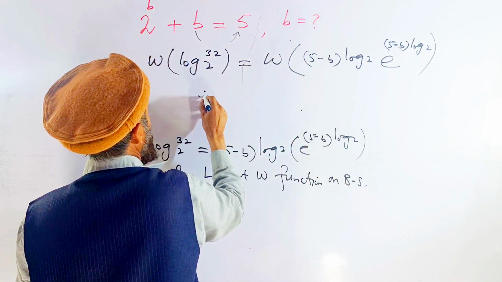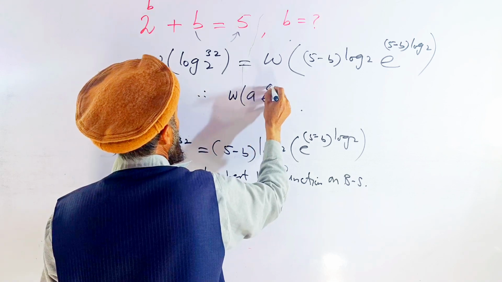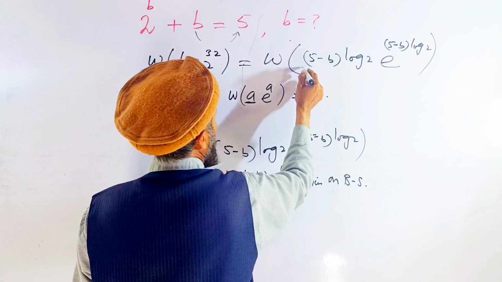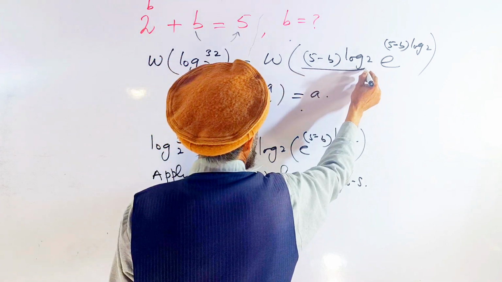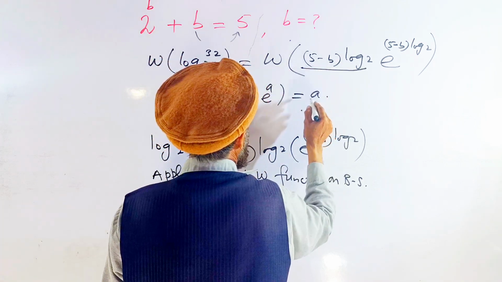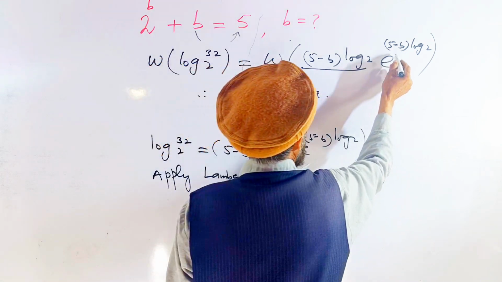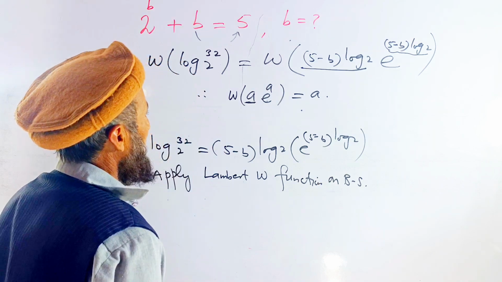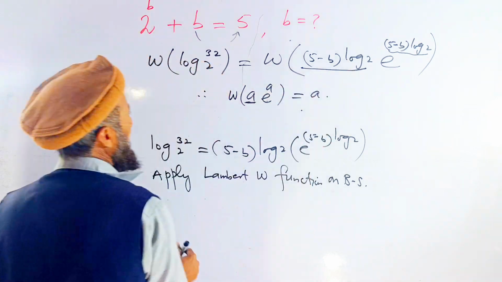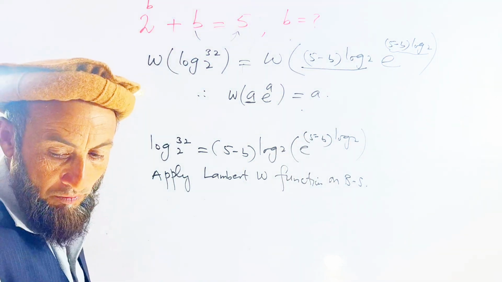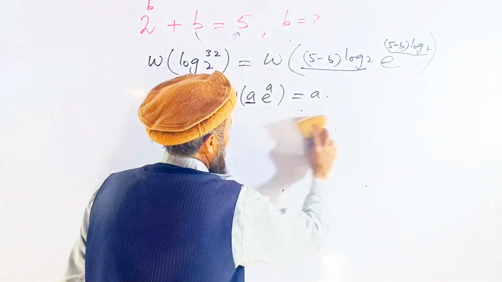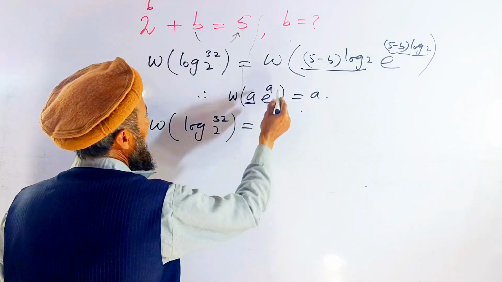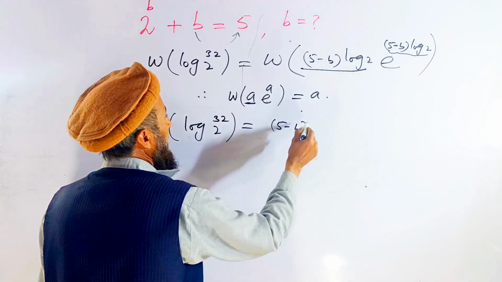According to this function, W of a e exponent a will be equal to a. So this one is considered a, and e exponent this is also a. According to this function we get 5 minus b log of 2. So W of log of 2 exponent 32 is equal to 5 minus b log of 2.